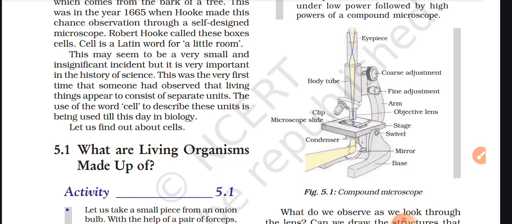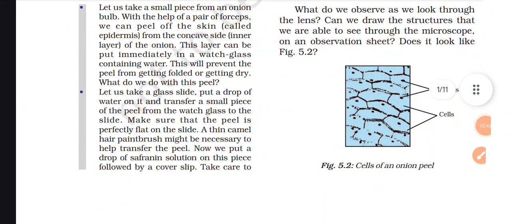What are living organisms made up of? Let us take a small piece from an onion bulb.